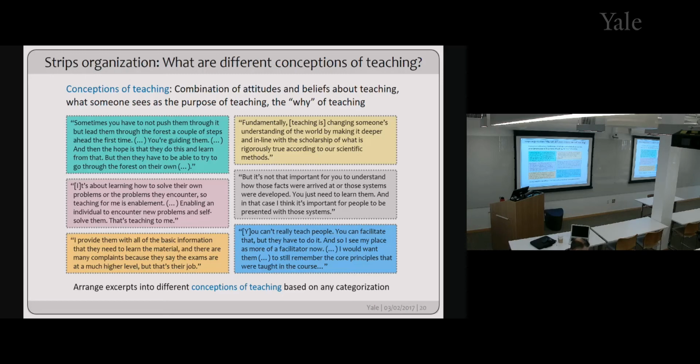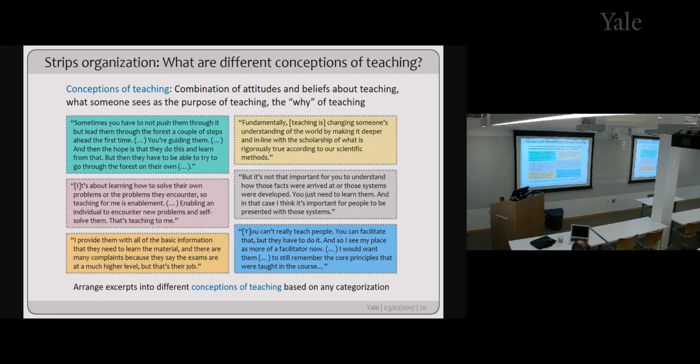All right, so conceptions of teaching based on any categorization. Anything you notice that you can come up with. That's sort of right, but they also say you're empowering them. It's not educational.